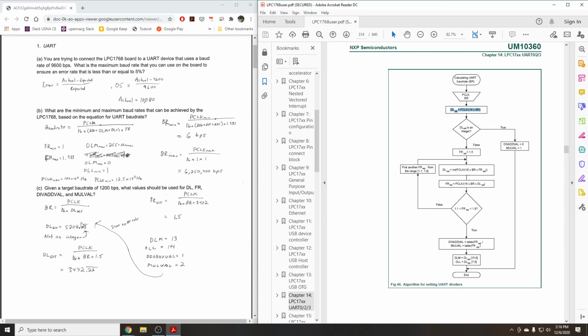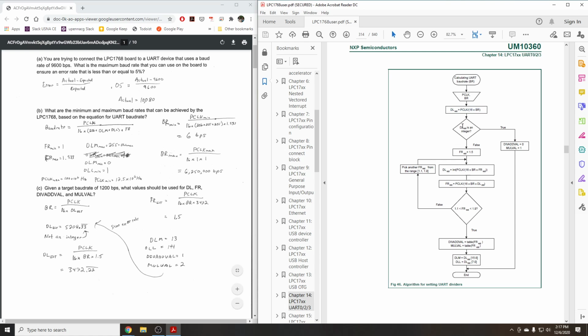So what we can do here is plug this back into the baud rate equation and see how close we get to the baud rate that we want of 1200 BPS. If that's within 2.5% error, we can stop right there. So we can basically combine this equation with this equation and check to see if this is the amount of error that we're okay with. If not, then we have to try to estimate something further.